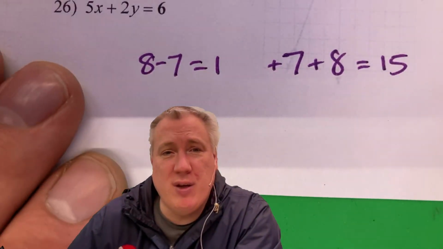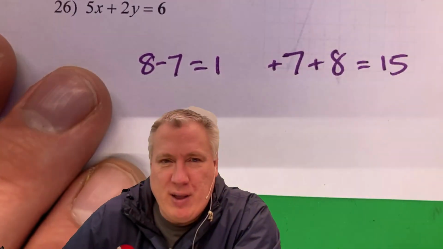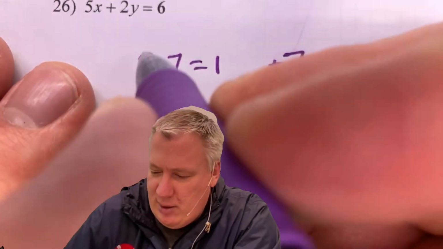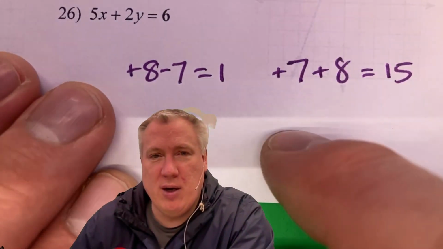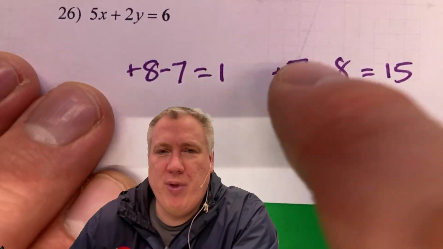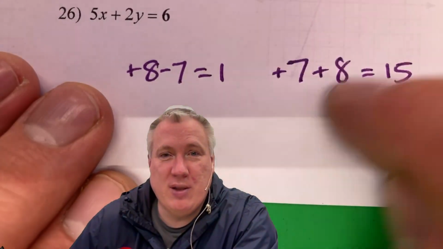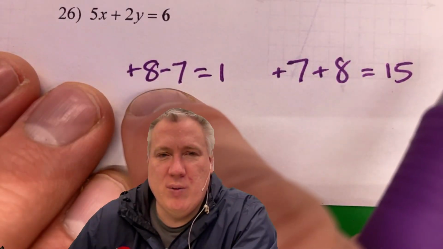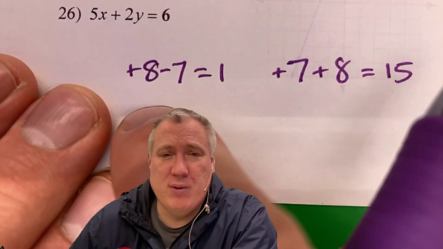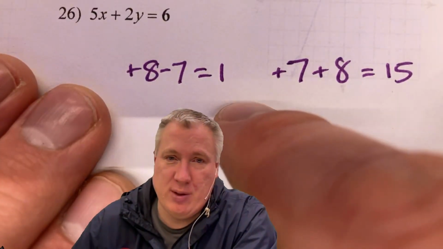Okay, these are things you learn really early on. But we just don't write that positive symbol there. But there's also a positive symbol there. We just don't write it. So note here that when both of the symbols were the same, the total was the sum of those 2 numbers. Versus when the signs are different, the total, when you put them together, is the difference of those 2 numbers.